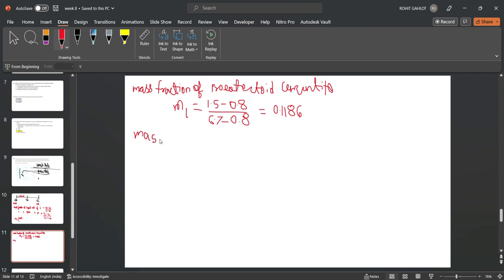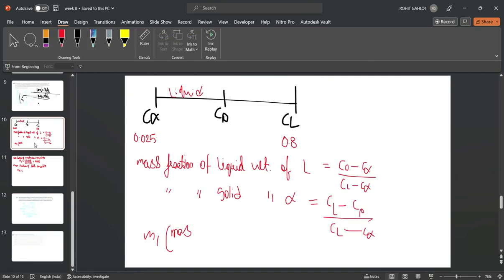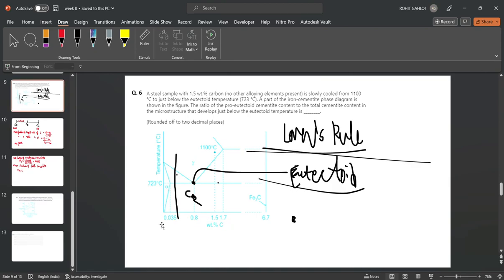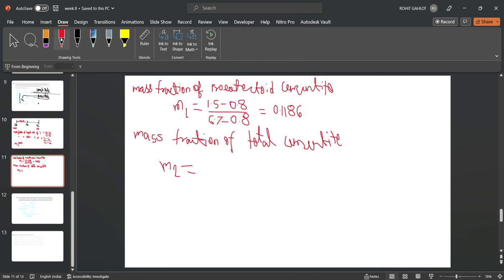Now if we calculate the mass fraction of total cementite, M2, it can be given as 1.5 minus 0.035 divided by 6.7 minus 0.035.